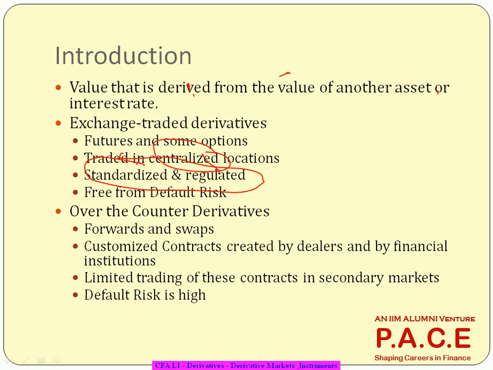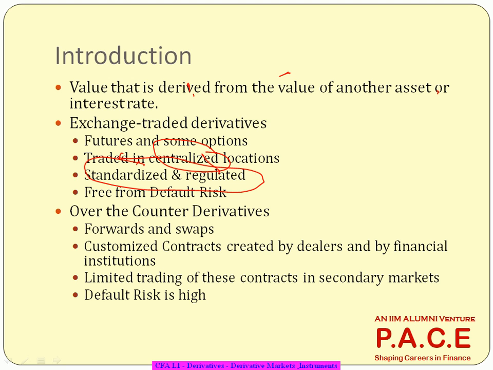So anything that is traded in a centralized marketplace, the items are more standardized and regulated. Even in terms of quantity, one lot is 5 kgs of cotton. If I want 2.5 kgs, you buy it in the over the counter market, not on the exchange.